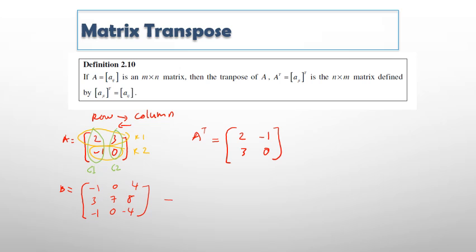So B transpose is equal to, the first row we change to the first column, -1, 0, 4, and then the second row will be column 2, and then the third row will be column 3.